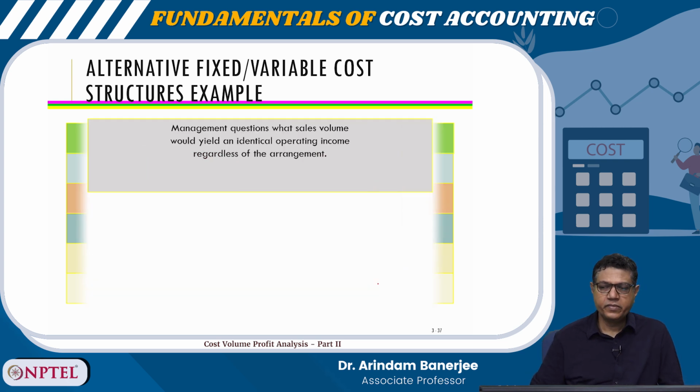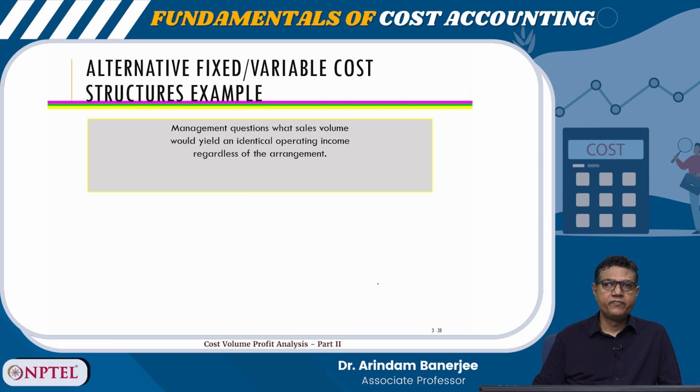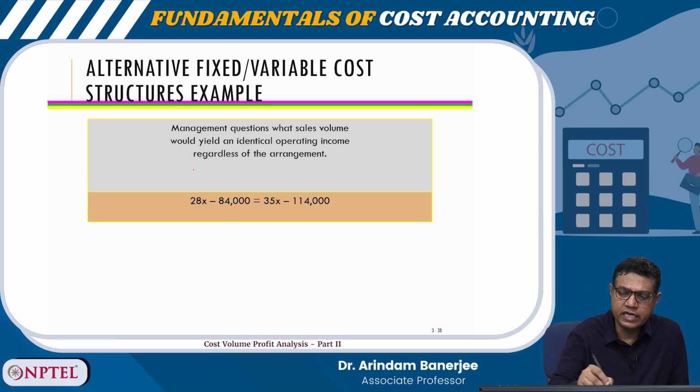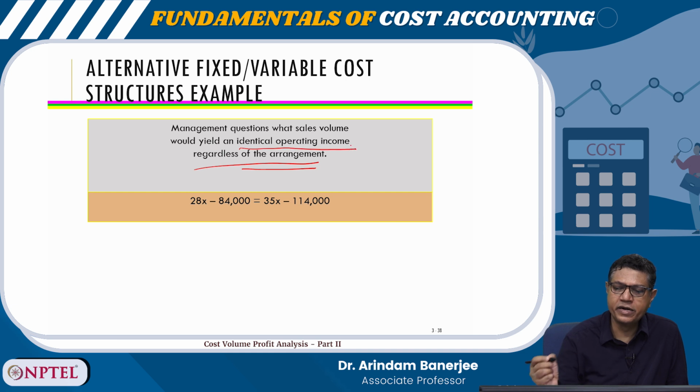So, let us see. Management question: what sales volume would yield an identical operating income regardless of the arrangement? So, 28x minus 84,000 is equal to 35x minus the new fixed cost. Regardless of the arrangement, it wants an identical operating income, so these two equations should match. This is the older equation, this is the new equation.